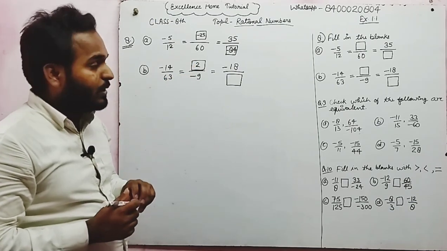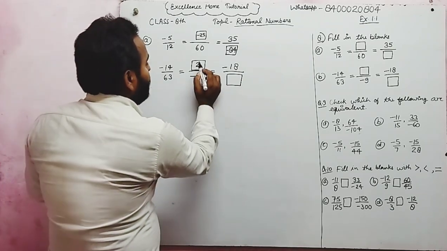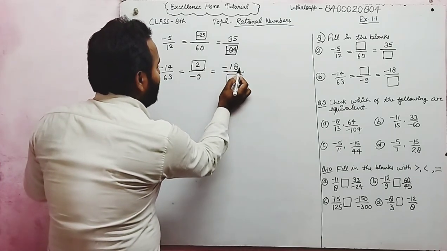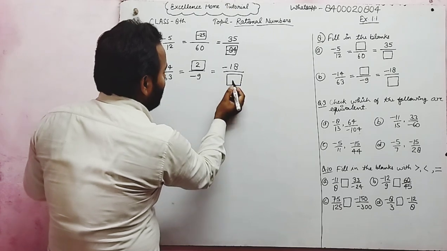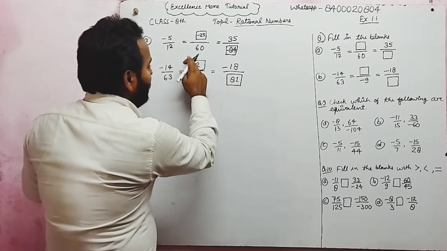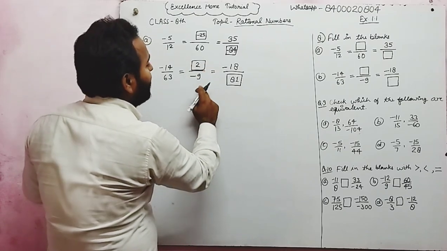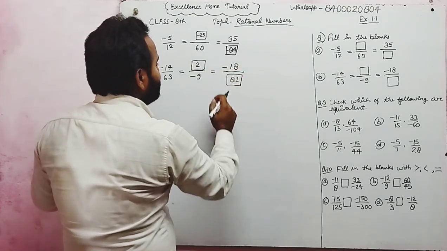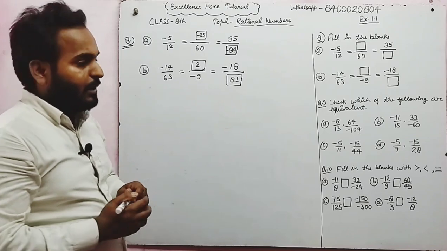After that, 2 times 9 is 18, so 9 times 9 is 81. Here the minus sign makes the whole rational number negative, and here too the minus sign makes the whole number negative.